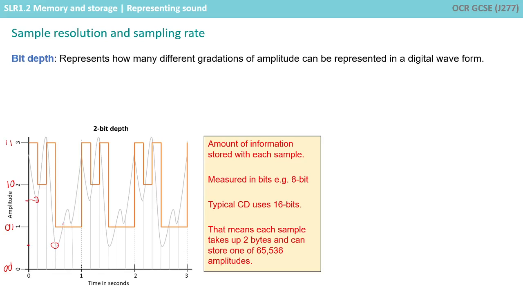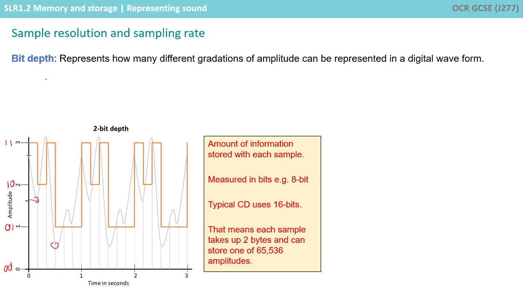So you can see it's not quite as accurate. For example this one should be measured about there, but it rounds it up because there's nowhere on the scale which can measure it that accurately. It has to fall between one of these measurements. So the problem with a low bit depth is that the quality isn't as good, because it's not as accurate to the original.